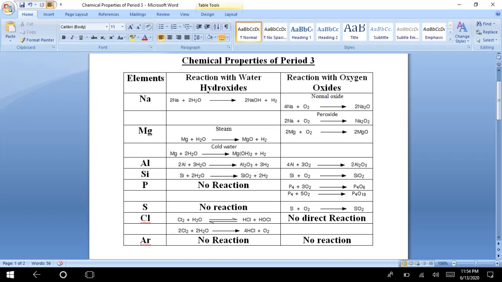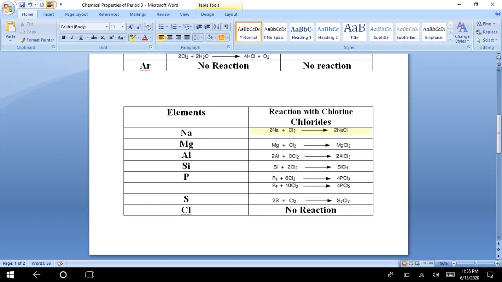Next, we have sulfur. Whenever sulfur reacts with oxygen, it forms sulfur dioxide. Chlorine has many oxides, but it will not react directly with oxygen. It may react indirectly and form its oxides, but there is no direct reaction between chlorine and oxygen. Argon does not react with oxygen as it is a noble gas.